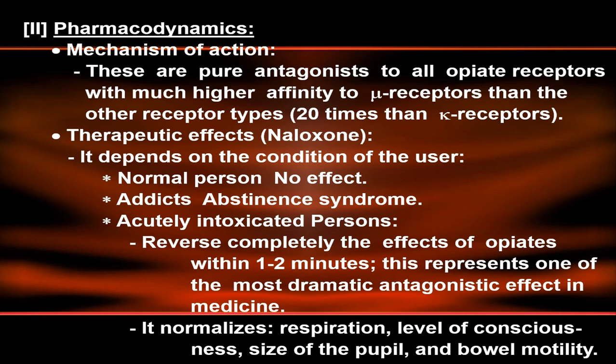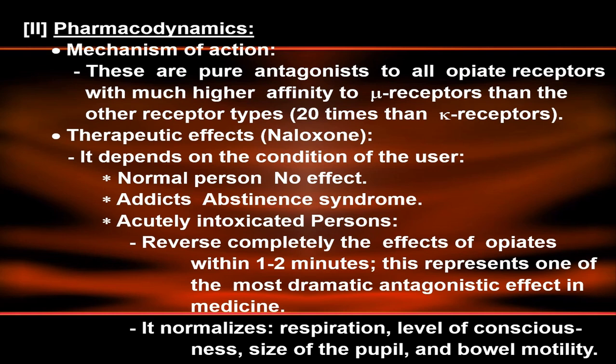The therapeutic effects of naloxone depend on the condition of the user. It differs in different persons. When given to a normal person, it has no effect; it is inert material. When given to an addict, the abstinence syndrome will be present.